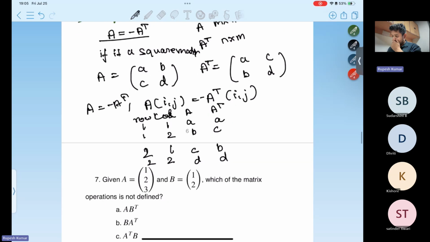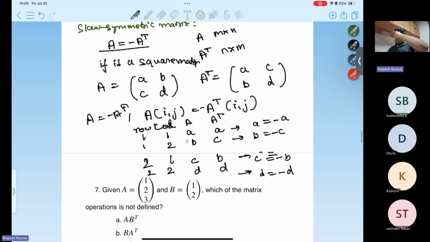The thing we want to ensure is Aij equals minus Aij. So from position 1 1, A has to equal minus A, then B equals minus C, C equals minus B, and D equals minus D. We are interested in the diagonal entries.